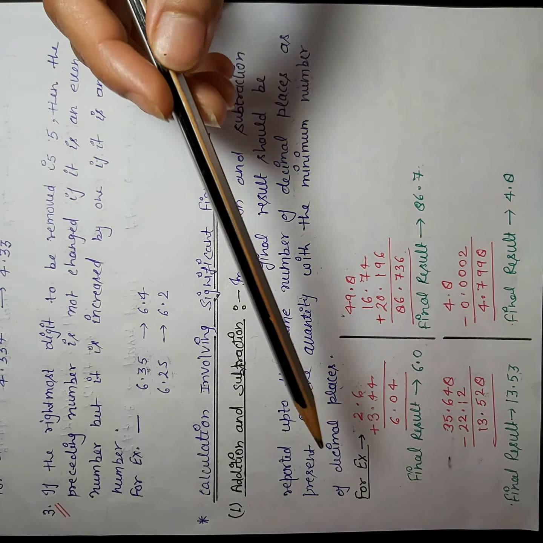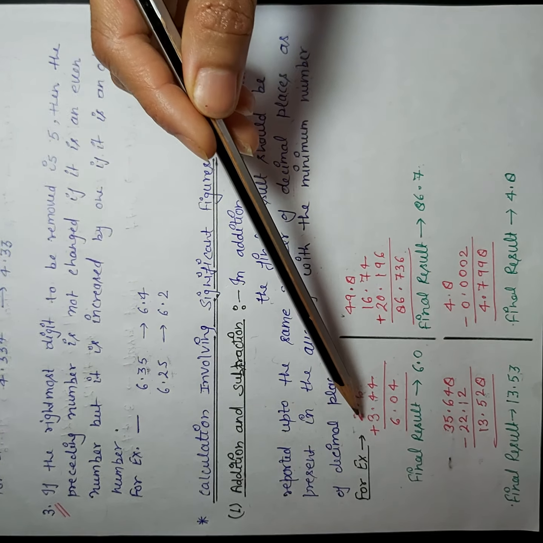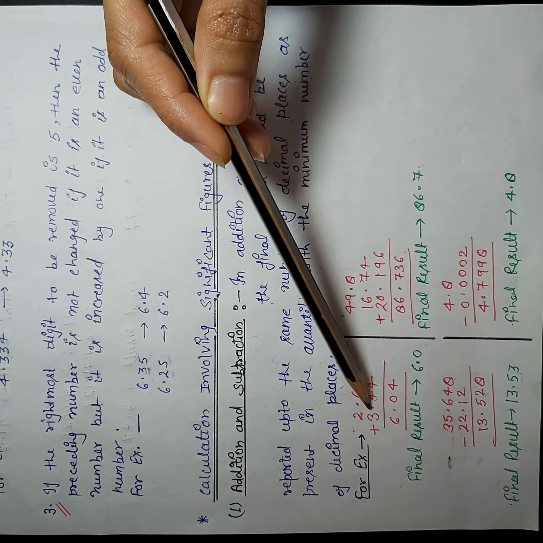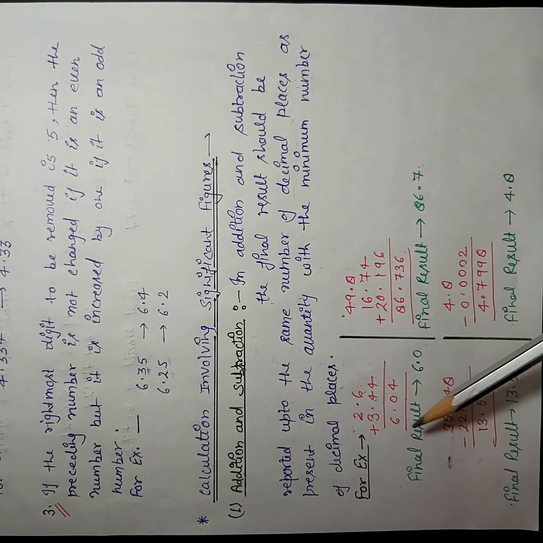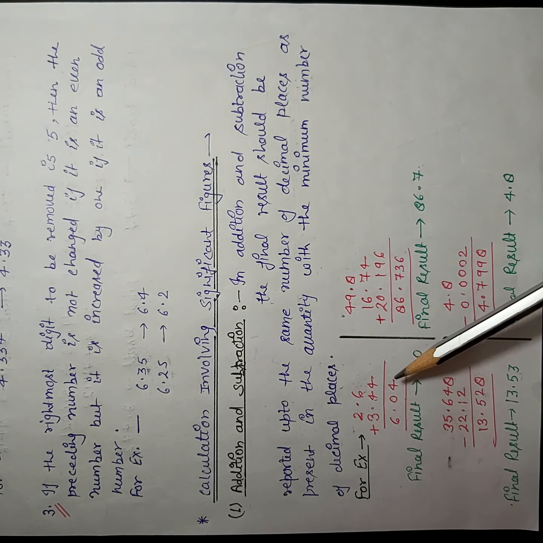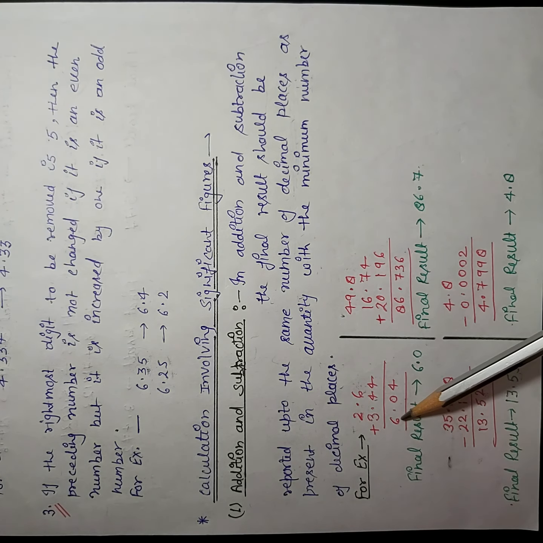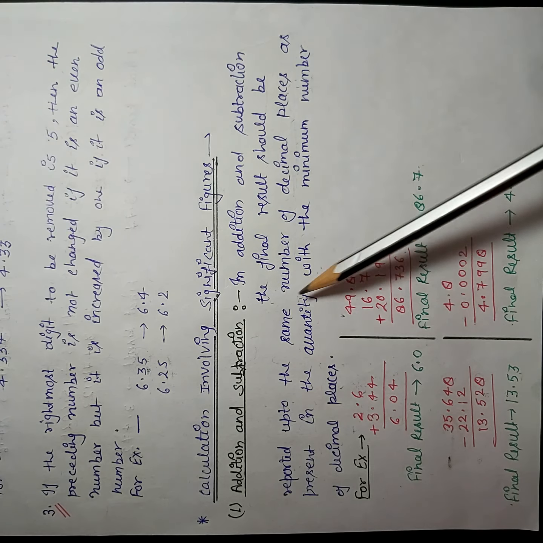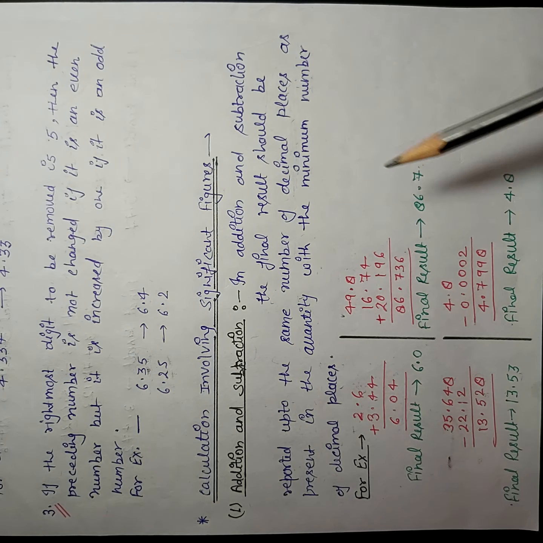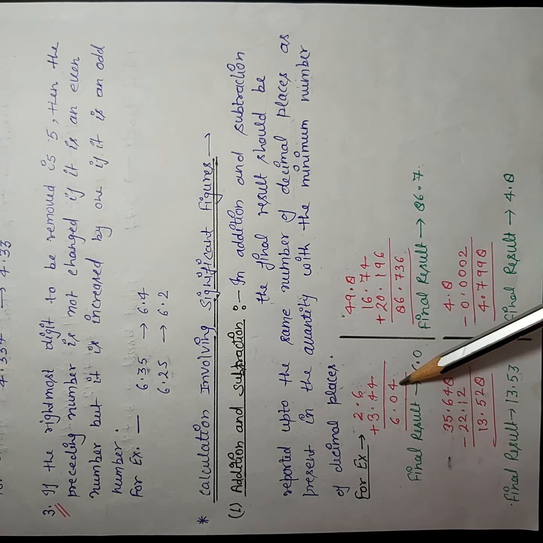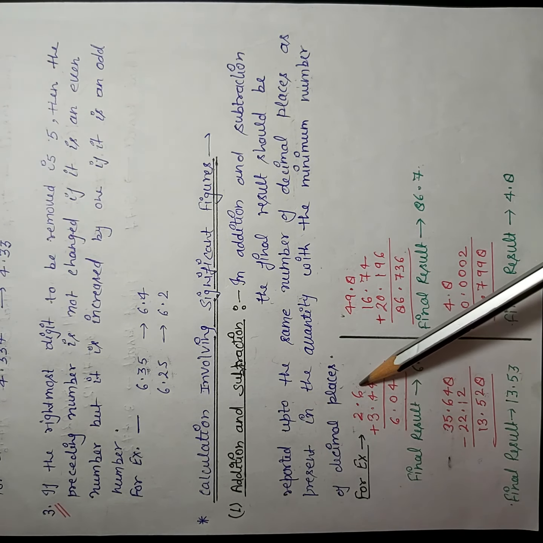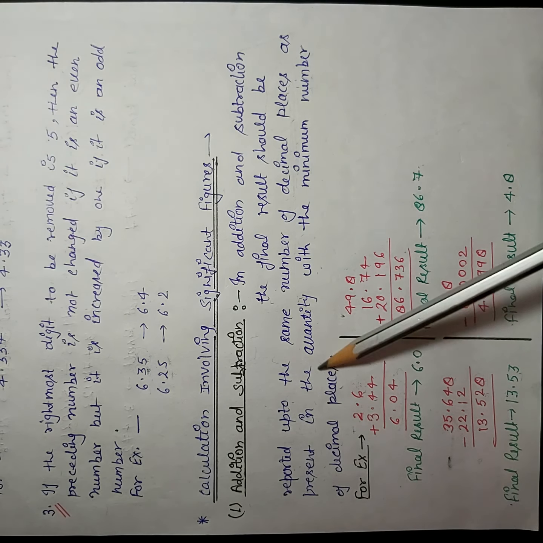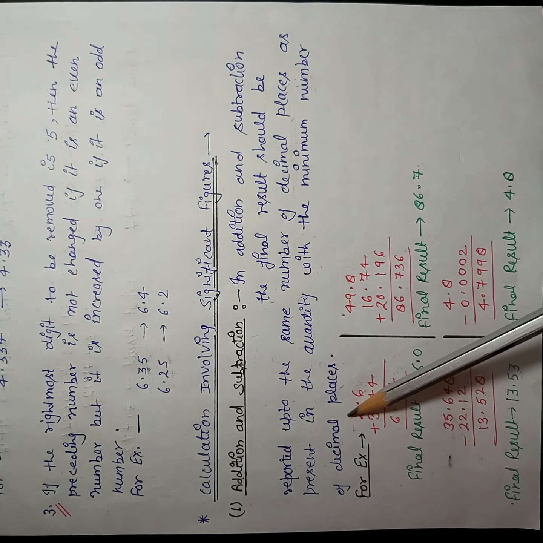For example, you are going to add 2.6 with 3.44, then simply you will have 6.04. So your result is 6.04, but this is not the final result, because according to the rule we should round this figure up to the same number of decimal places present in the quantity with the minimum decimal places.